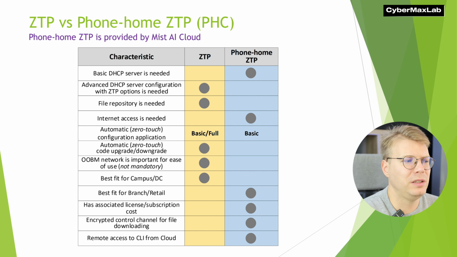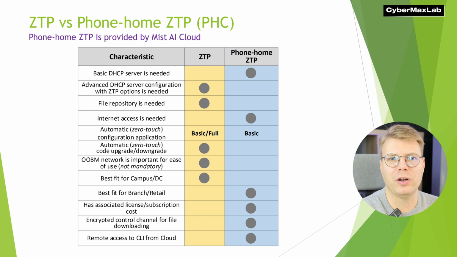Phone Home ZTP is great for branch retail, where you have a lot of small branch offices, where it is sometimes hard to keep an additional server for a repository for DHCP. Even if you try to centralize it, the traffic will go over insecure media like the internet, and this can be a security concern. While Phone Home ZTP talking to Mist is completely encrypted in transit. So this is why this is a more suitable option.